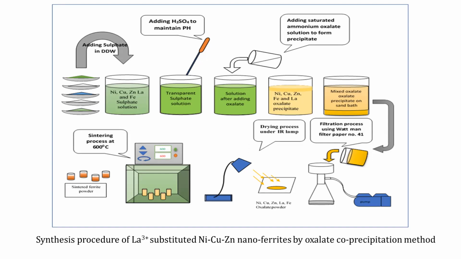This precipitate is washed several times in order to remove the sulfate ions. Removal of sulfate ions can be confirmed by the barium chloride test. Finally, this precipitate is dried under an infrared lamp. And finally, we pre-sinter and sinter this sample in a furnace.